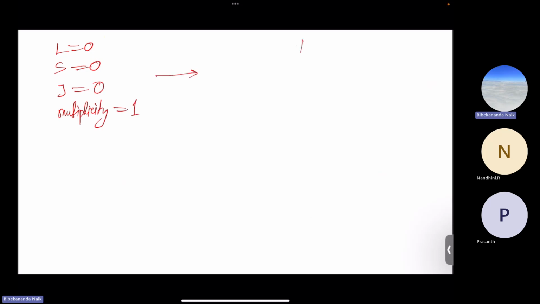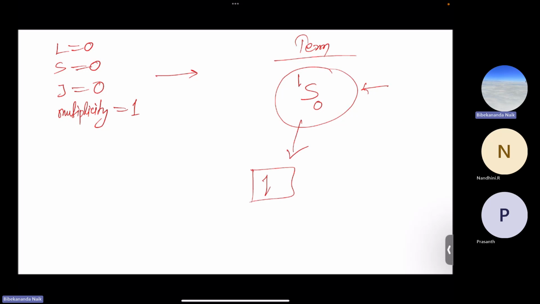So what will be the term? L 0 means it is S, S 0 means 2S plus 1 will be 1 only, which is again the multiplicity. So it will be 1S and then J 0. So the term will be 1S0. This type of term, 1S0, arises when the subshell is completely filled. Like if it is for S, if it is completely filled, then it will give 1S0.